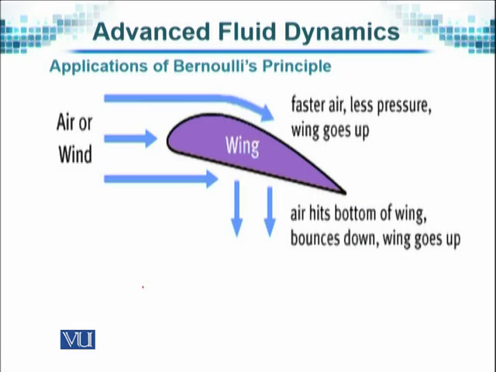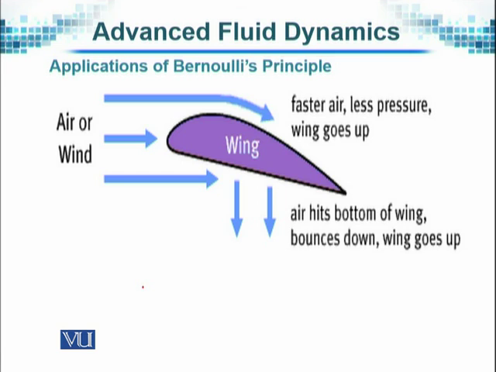One of the examples is air or wind blowing on an aerofoil. This wing corresponds to the wing of an aeroplane, and in engineers' terminology it is known as an aerofoil. You can see its shape: on one side it is a bit fat, and on the other side it thins out and takes a curve.